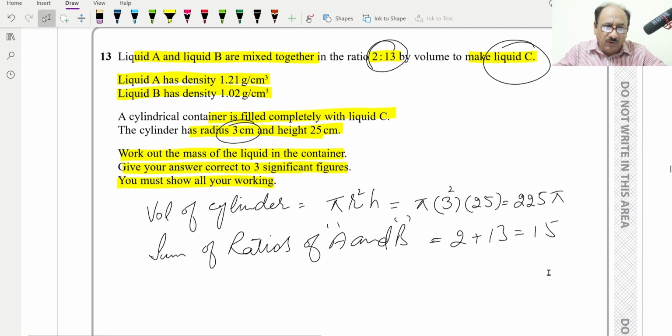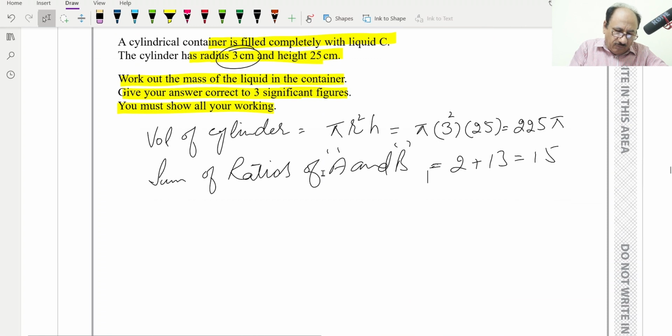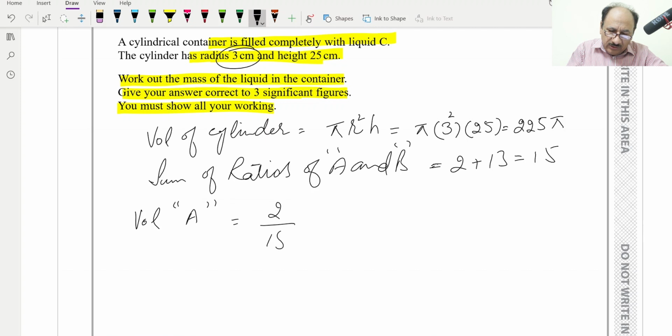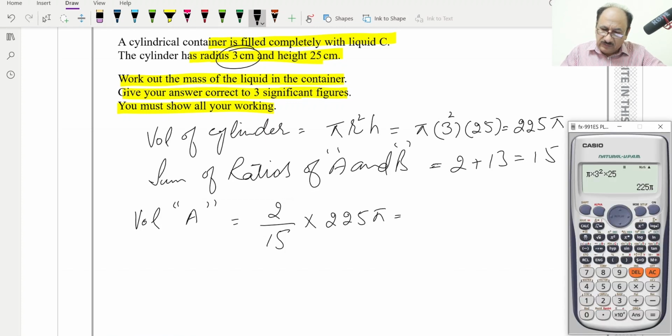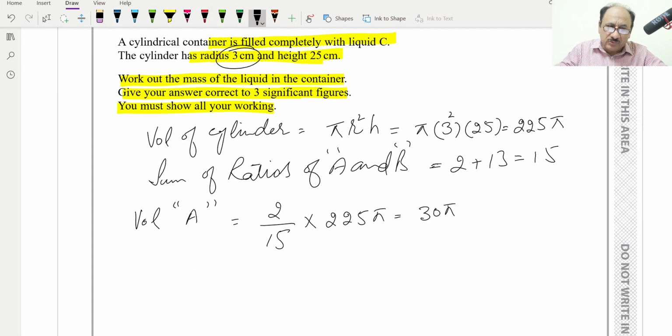So volume of liquid A will be equal to, A is 2, so 2 out of 15 multiplied by this volume which we calculated for cylinder, total volume of C, which is 225 pi. This number is already there, so I'll multiply this by 2 and then divide it by 15, and we will get 30 pi. So again I'll keep it in pi format, so 30 pi.